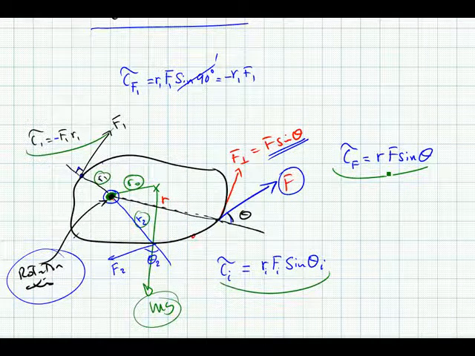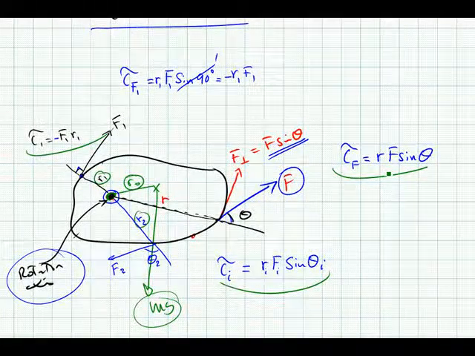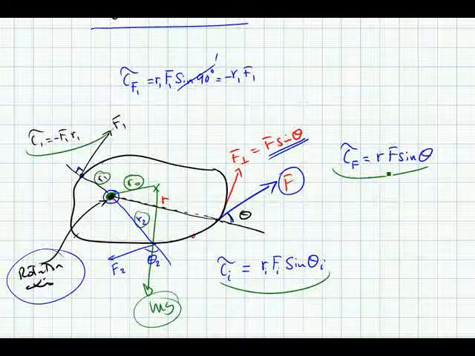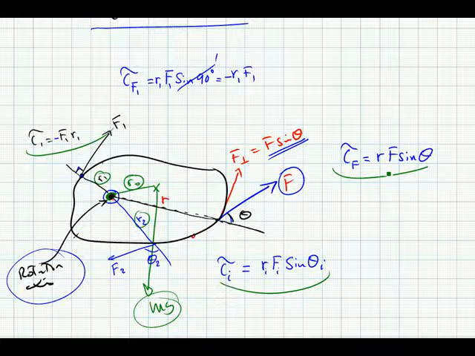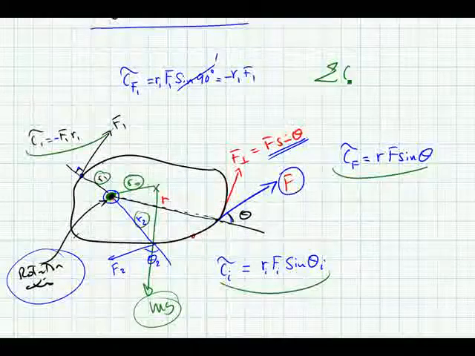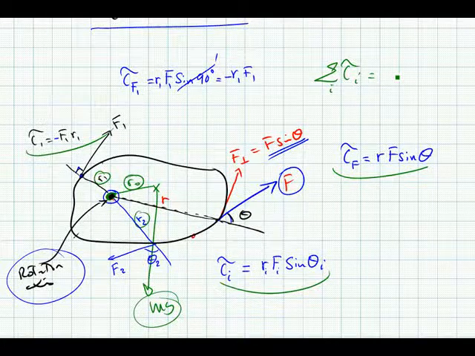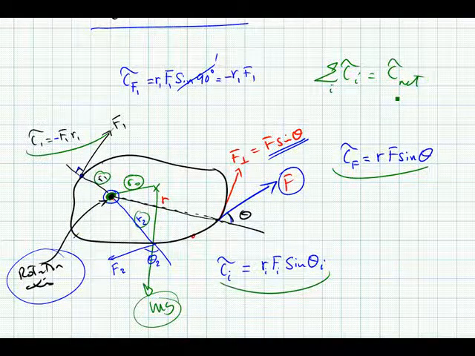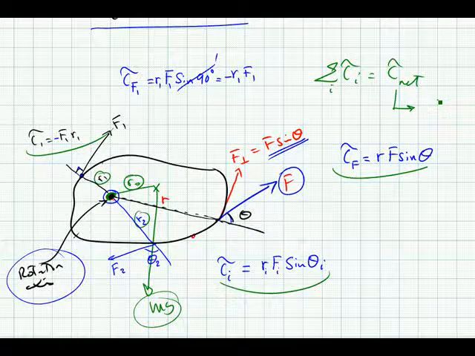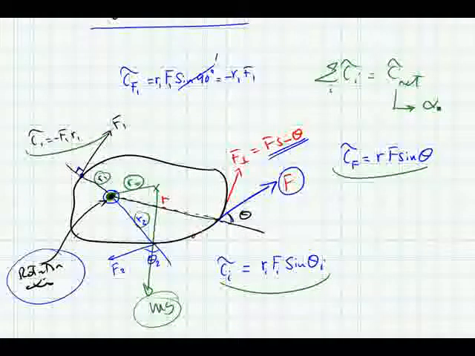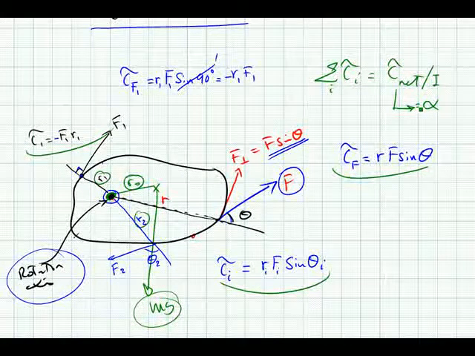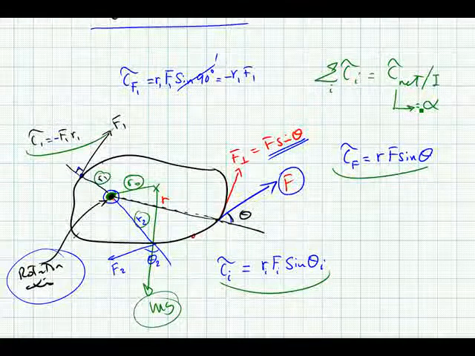If the torque acting on its own would cause a clockwise rotation, then it's a negative torque. If it's a counterclockwise rotation, it's a positive torque. And then you calculate the net torque by simply summing up all the torques, and this net torque is what gives rise to angular acceleration, because net torque divided by the moment of inertia is equal to angular acceleration.